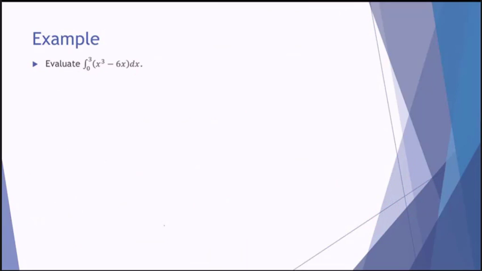In this example, we're going to evaluate the integral from 0 to 3 of x cubed minus 6x dx. So we're going to use our limit definition of an integral, which says, again, the limit as n approaches infinity of the sum from i equals 1 to n of f of x sub i star delta x is equal to the integral from a to b of f of x dx.